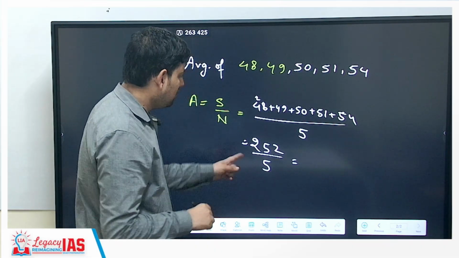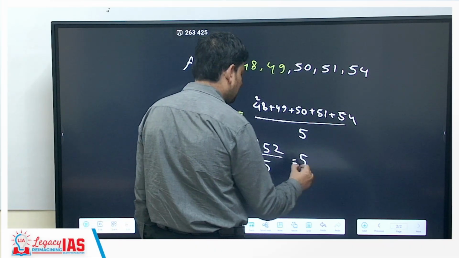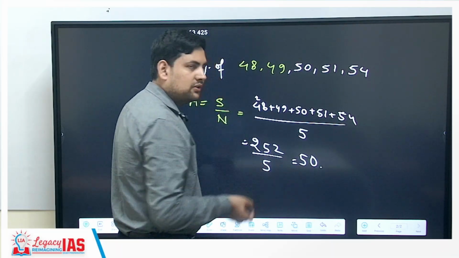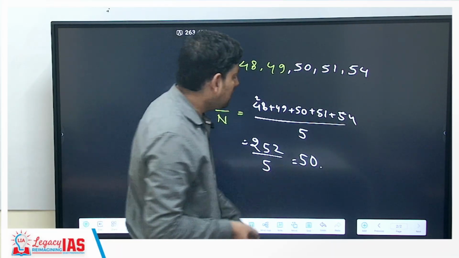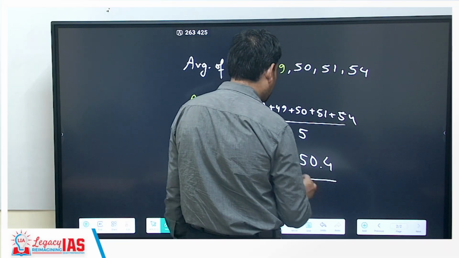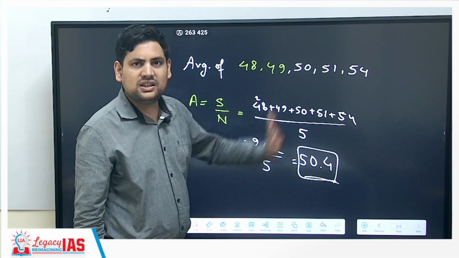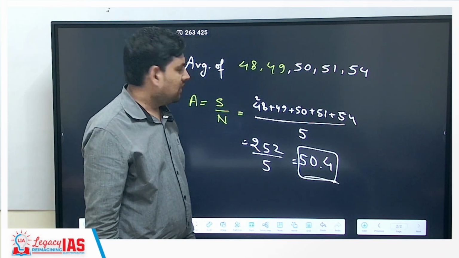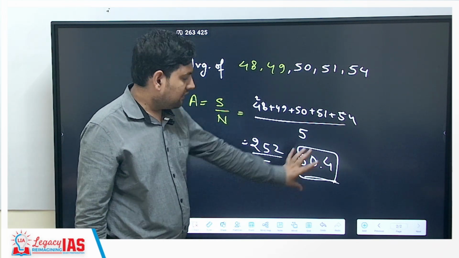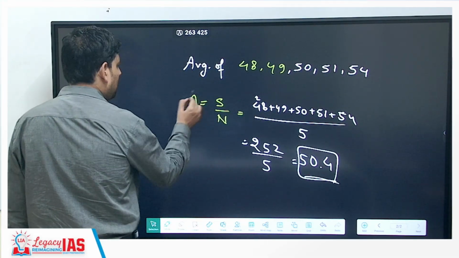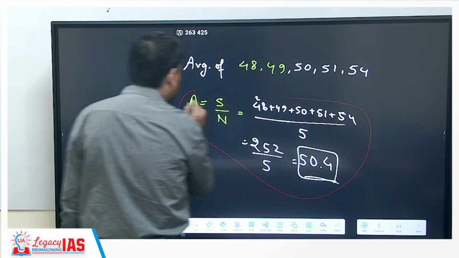How many times will this go? 5 times. Then 0, because it won't go with 2. Then with 20 it will go 4 times. So 50.4 is the average of this data set. This is the traditional way of doing this.